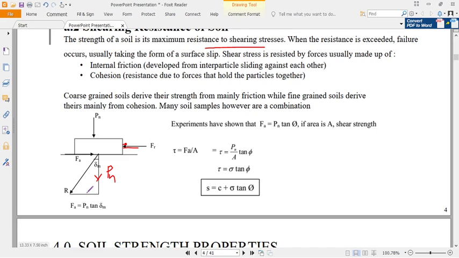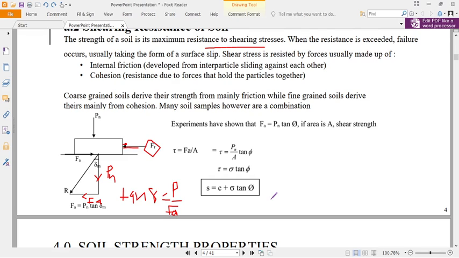So tan theta is equal to the force in this direction divided by the normal force. Because at the point at which the soil starts moving, this force here will be equal to the frictional force. Now for our normal force, we are saying that tan theta is equal to the opposite, which is Fa, divided by Pn. Okay.